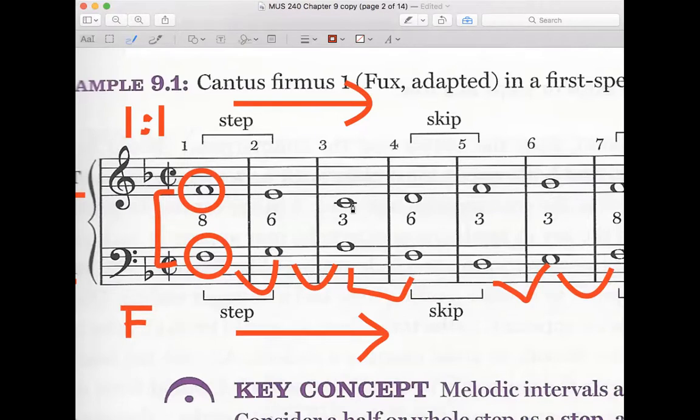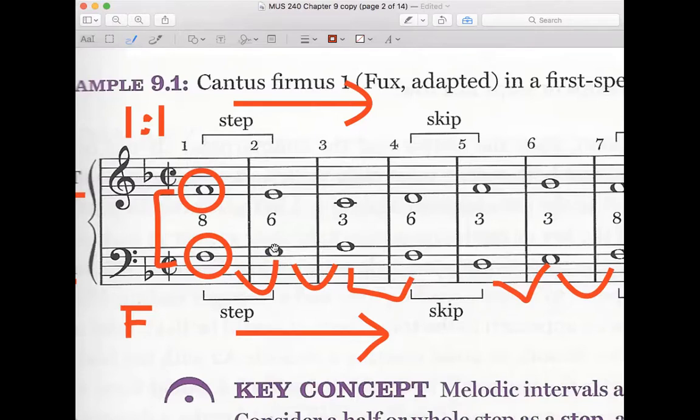You need to look at them in space, because if you, let's say, invert them, let's say you go G up here to this E, well, that's a third. That's not what that interval is. So in that case, this would be G to E. That's a different G. We need to put this G in the right place. So if you had trouble with your intervals, you might have inverted them.